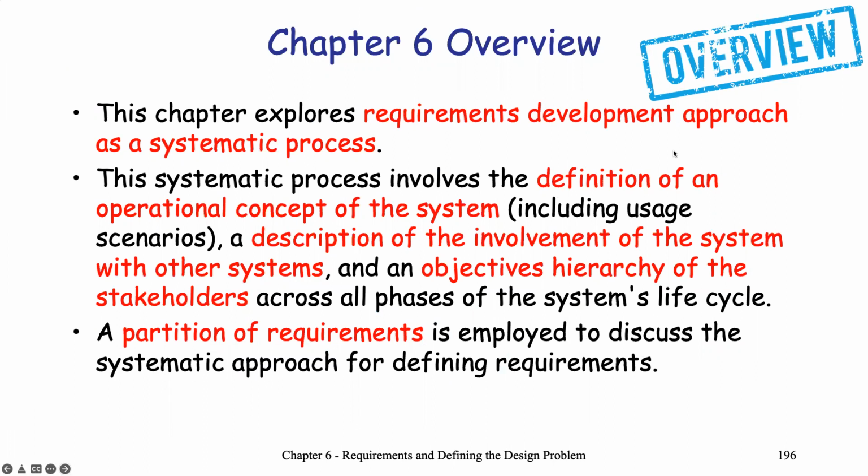The systematic process involves the definition of an operational concept of the system, including usage scenarios, a description of the involvement of the system with other systems, and an objectives hierarchy of the stakeholders across all phases of the system's lifecycle.